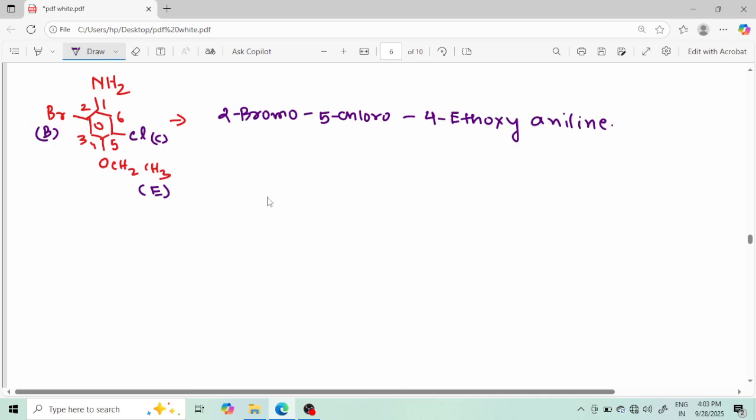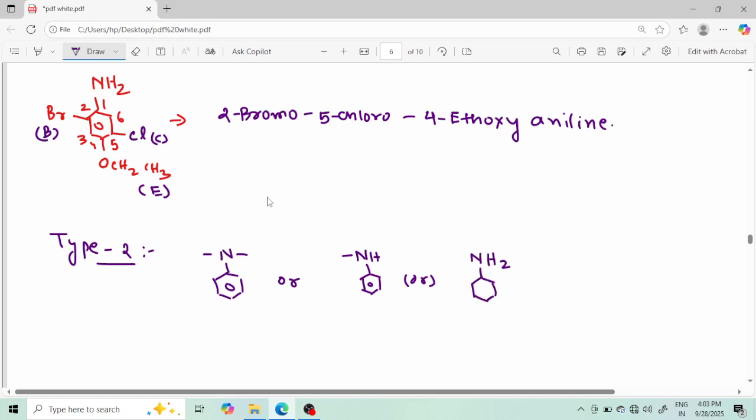Now under type 2 what will happen? Same concept that we have studied in the common naming part. This one is benzene, or if they give you this one, or this one, all the three compounds' name will be aniline or benzene amine.